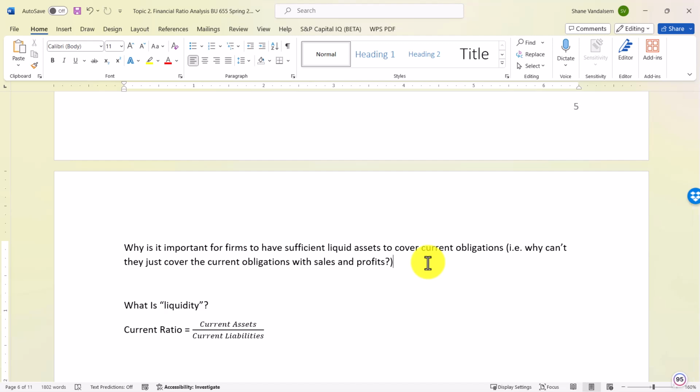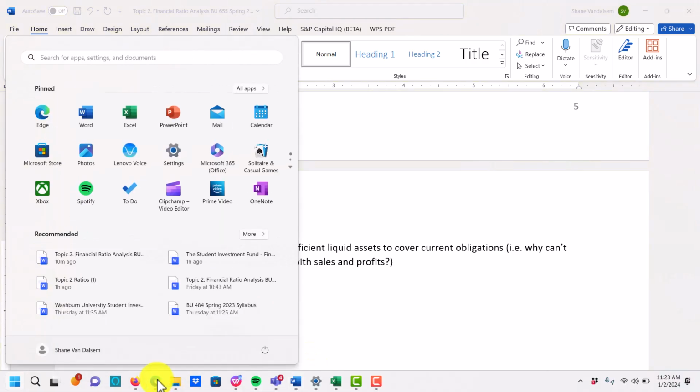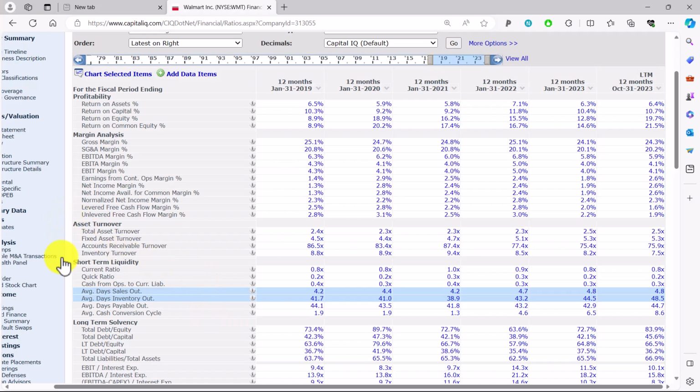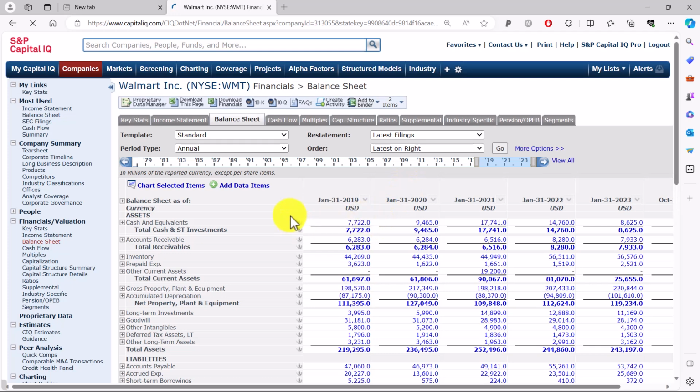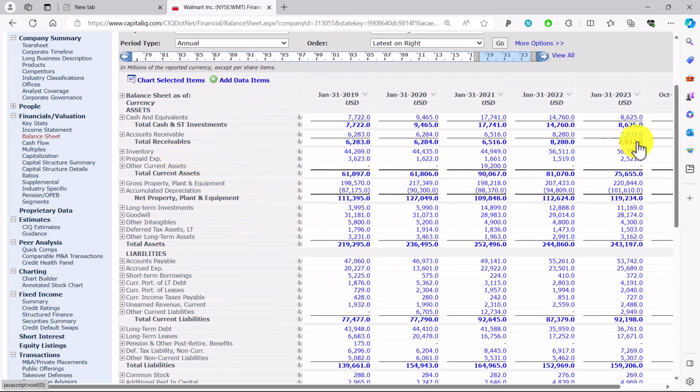If I'm thinking about a balance sheet for a firm, a lot of those current liabilities are going to be debts that the company owes for its current assets. So let me just pull up Walmart again here. If we look at the balance sheet, we have the major items on the balance sheet.